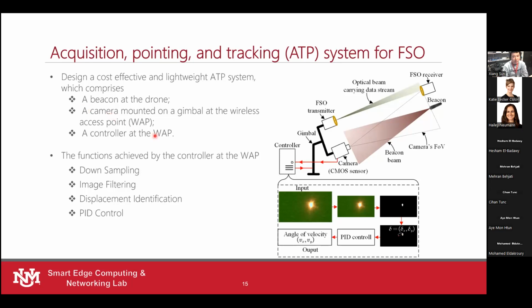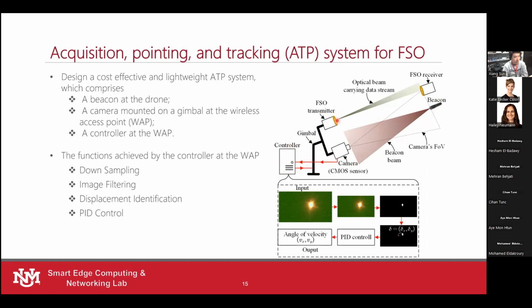So here we designed a cost-effective and lightweight ATP system for ground-to-air communications. In this ATP system, the drone only needs to be equipped with a single beacon emitter, like a laser or a pointer, and the base station has a camera mounted on a gimbal, which is controlled by the controller.